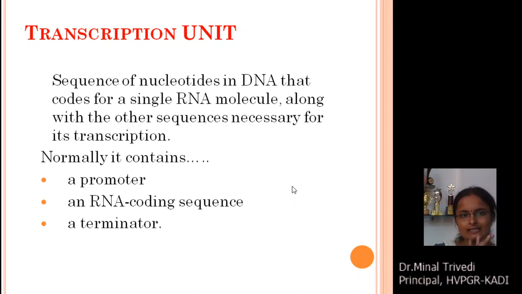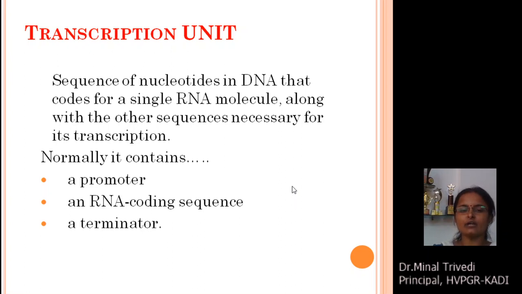So this transcription unit consists of nucleotide sequences in the DNA which encode a single RNA molecule along with the other necessary sequences required for the process of transcription. Normally, this transcription unit consists of three major components: a promoter region, an RNA coding sequence, and a terminator region.